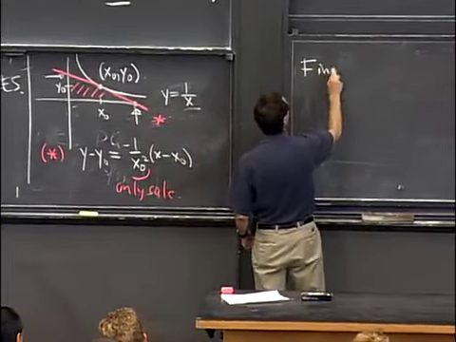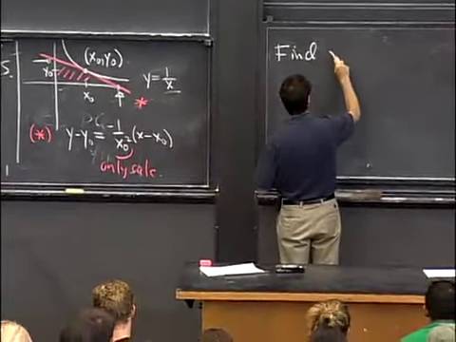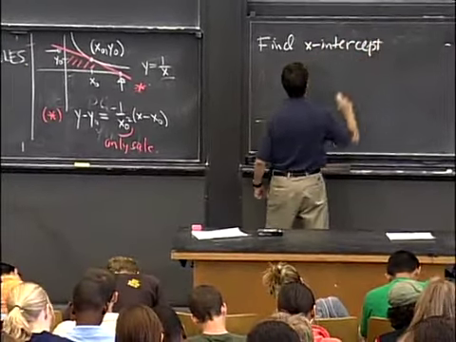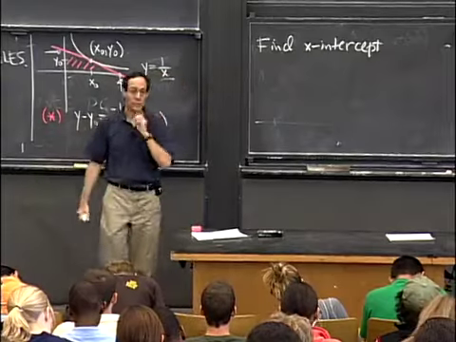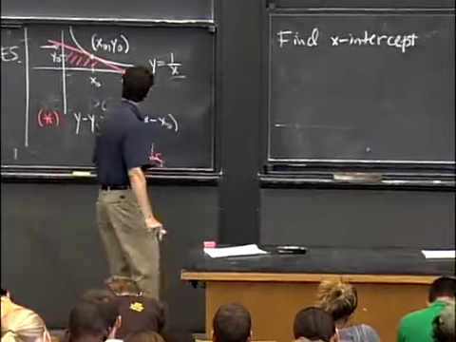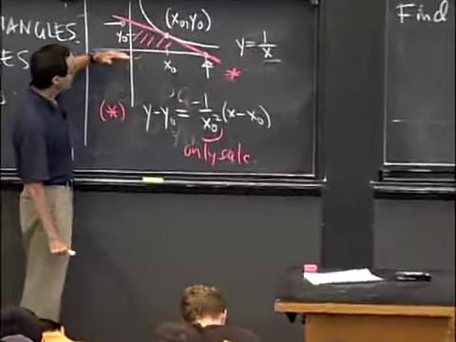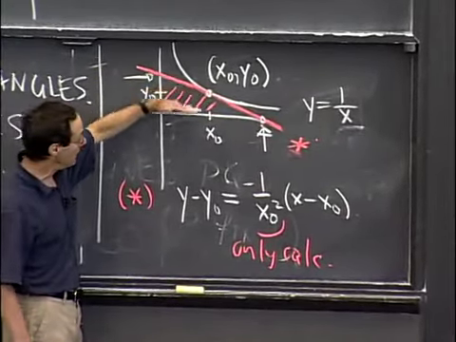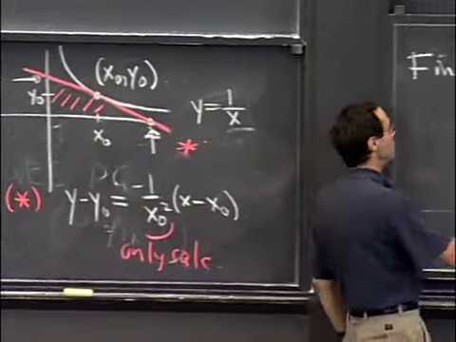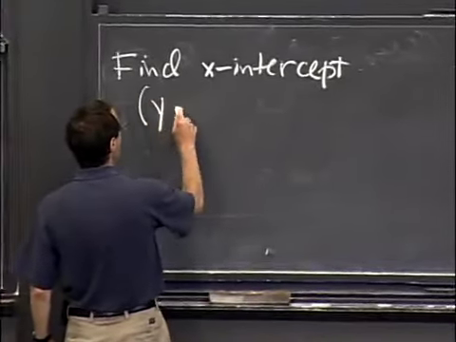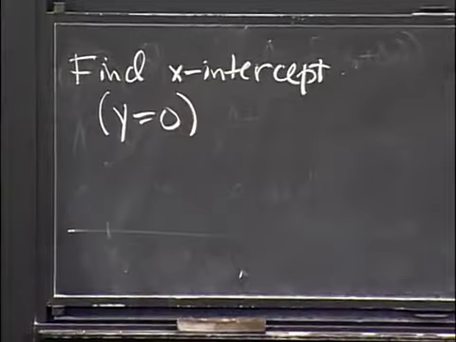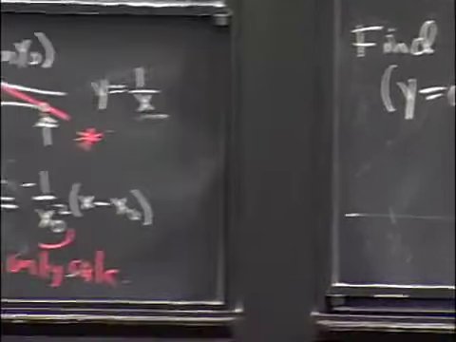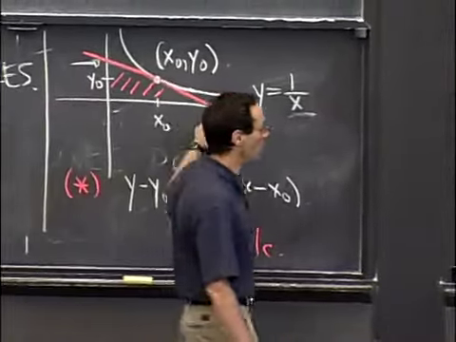We're going to find the so-called x-intercept. That's the first thing we're going to do. So to do that, what we need to do is to find where this horizontal line meets that diagonal line. And the equation for the x-intercept is y equals 0. All right? So we plug in y equals 0. That's this horizontal line, and we find this point.